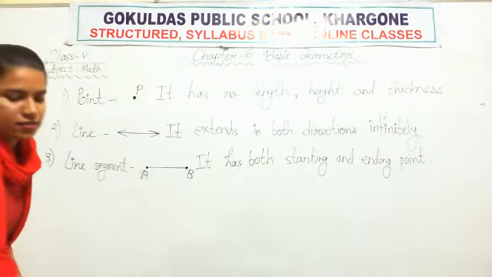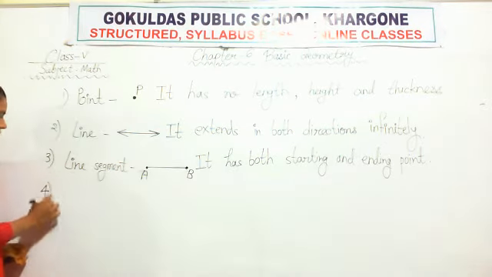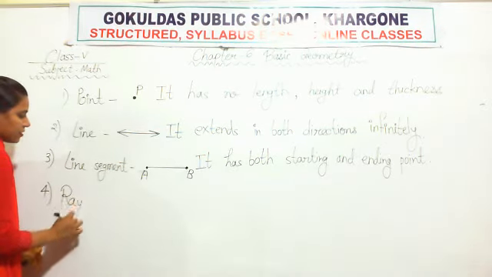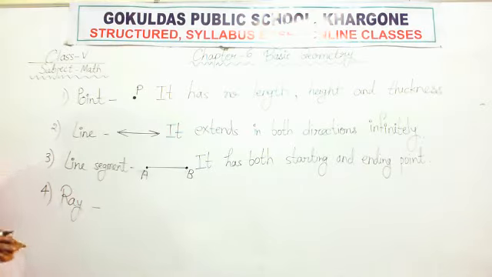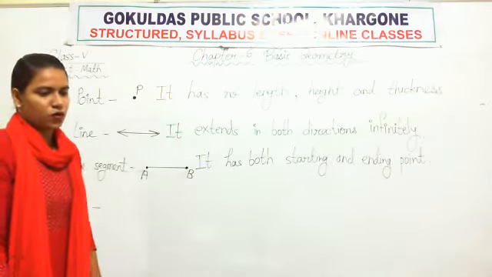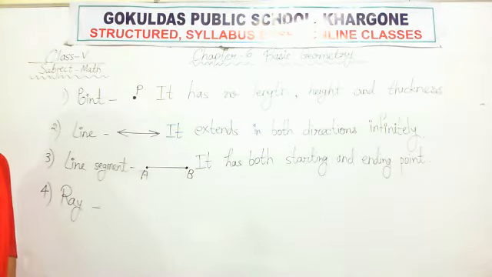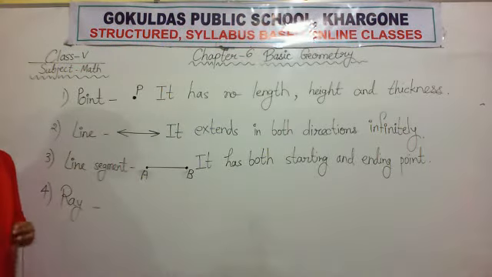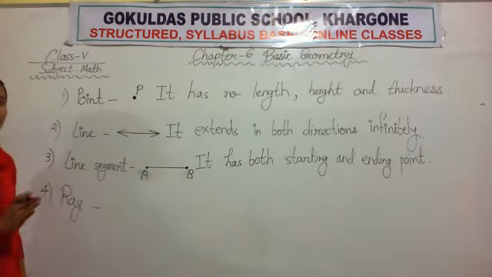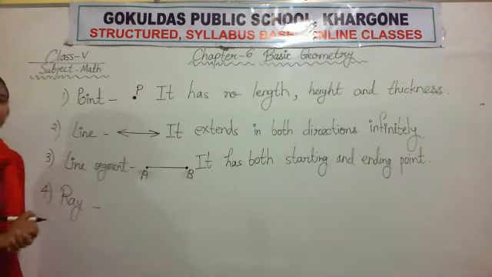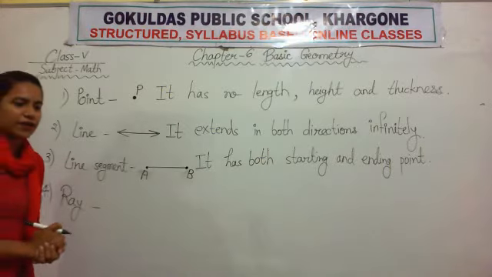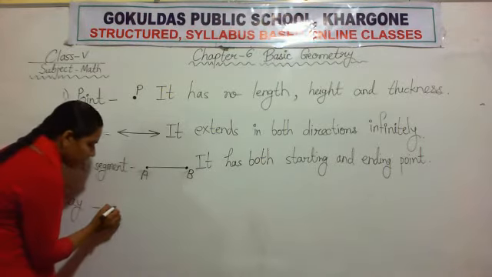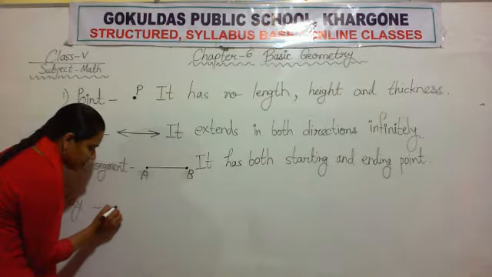Now the next term related to geometry is ray. What is a ray? A ray has one endpoint, and in the other direction we can extend it infinitely. The symbol for a ray is like this.